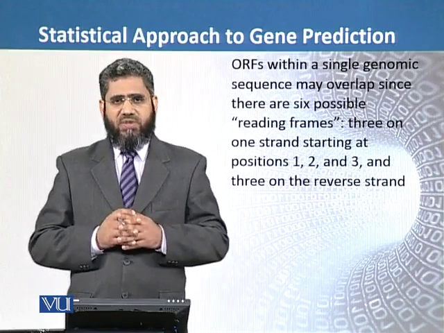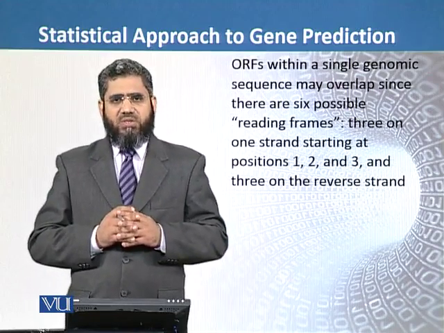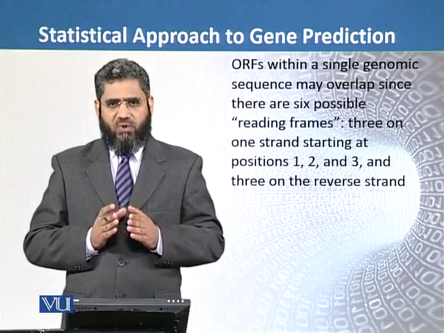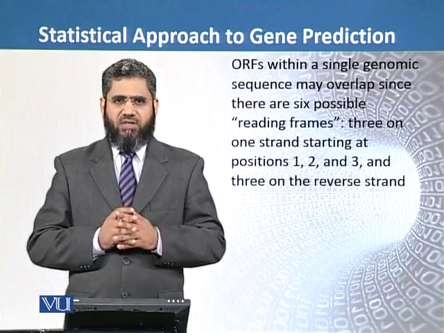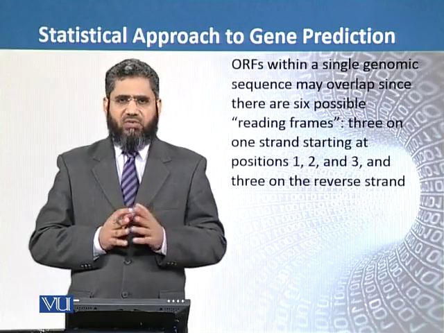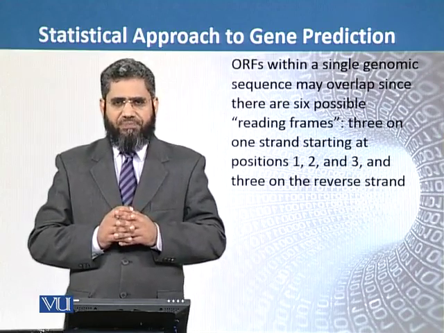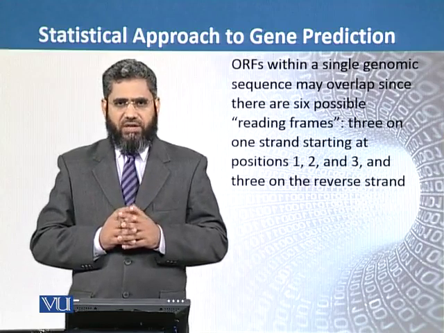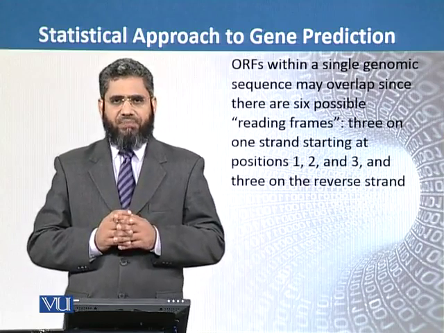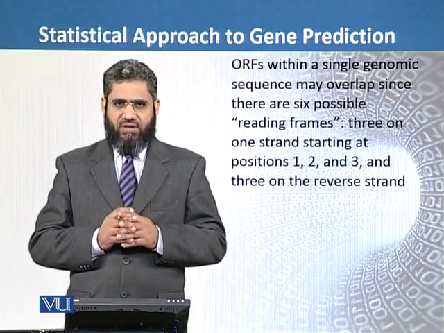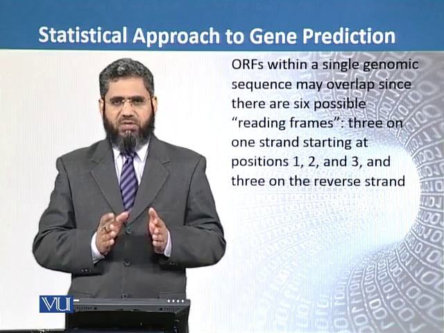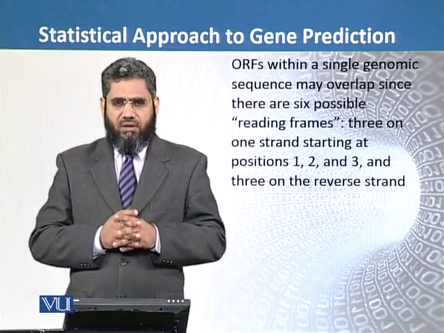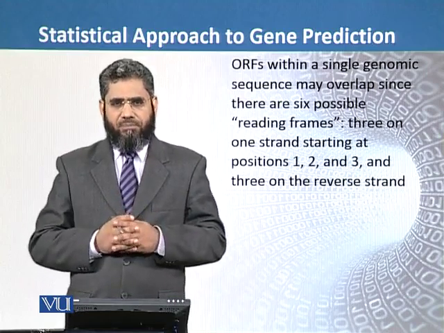And these 6 frames are generated because when there is a process of transcription, in the first frame one nucleotide from the start of the open reading frame is deleted. In the second frame, the first 2 nucleotides are deleted. And in the third frame, the whole first codon is deleted.